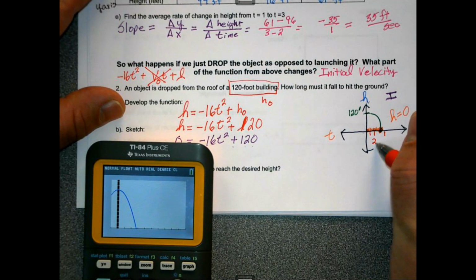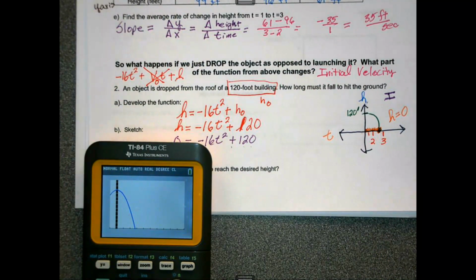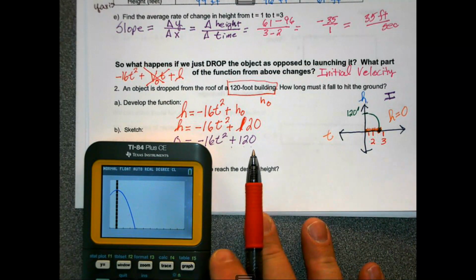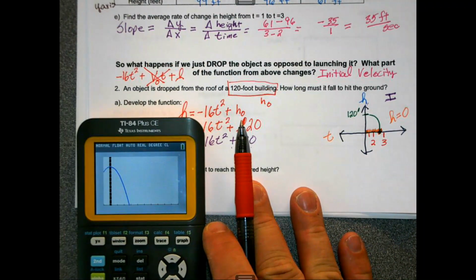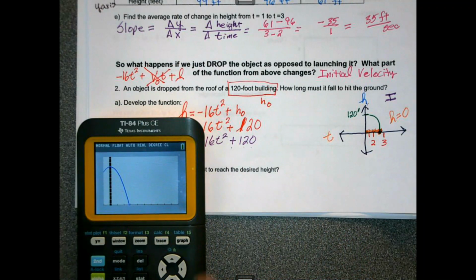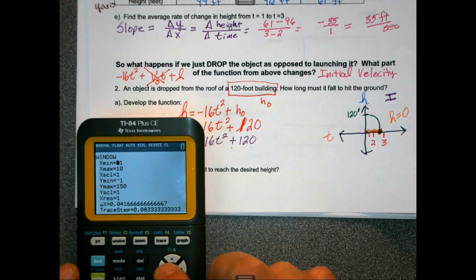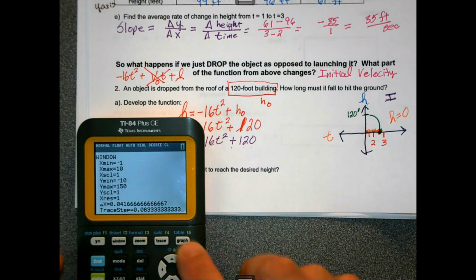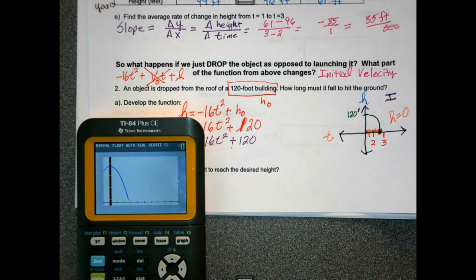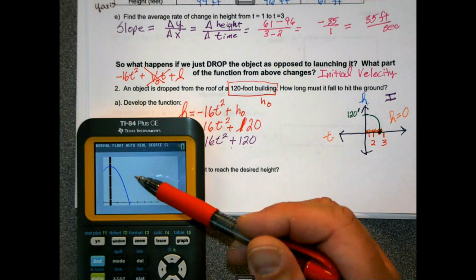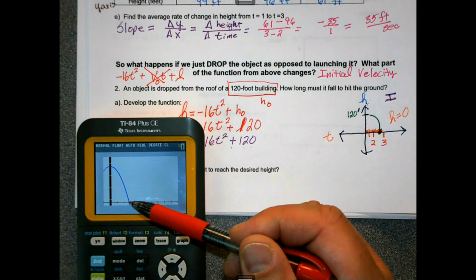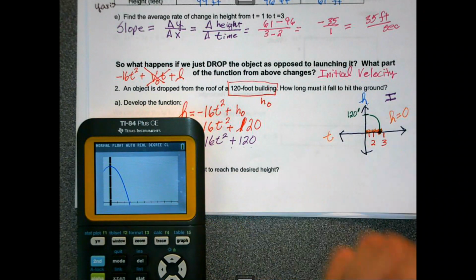So between 2 and 3 seconds, right? That's when it's going to hit the ground, between 2 and 3 seconds from my calculator. I might even open up that window a little bit to -5 here or -10. Okay. Now you can see it better. Between 2 and 3 seconds, right?